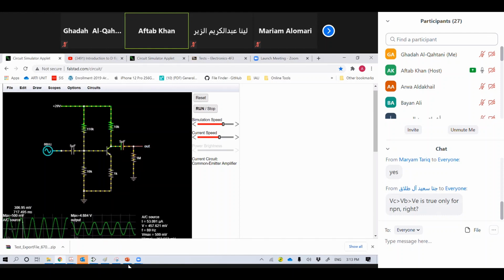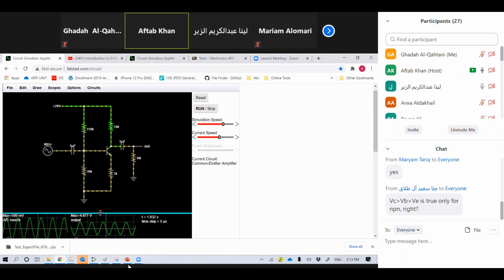How much is the maximum voltage which we are applying? 500 millivolt, correct? And check here, how much is this voltage? 4.877.